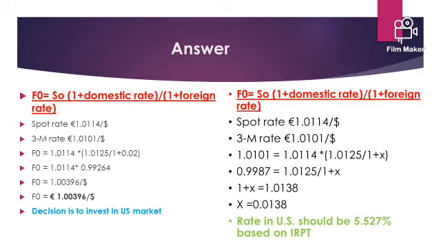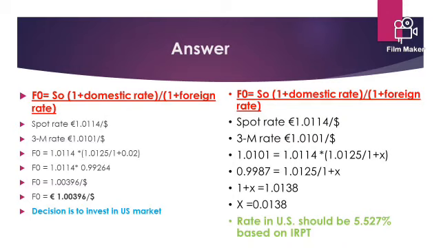Now the foreign rate is 8% yearly, so 8 divided by 12 multiplied by 3, as we are calculating for 3 months, it is 2%, which is the foreign rate. And for domestic, Germany, that is euro, the domestic rate is 5% yearly. To find out 3 months, 5 divided by 12 into 3 months, it is 1.25.